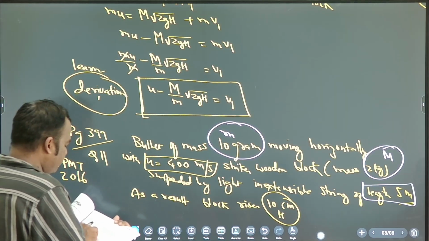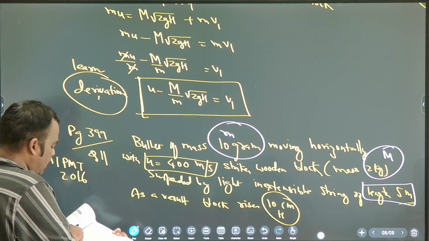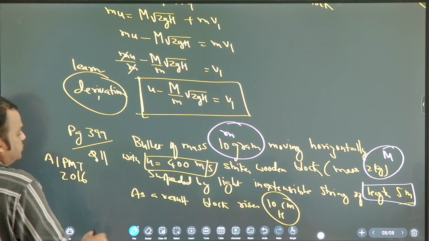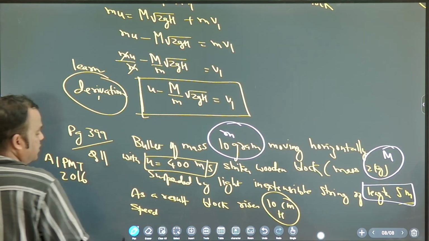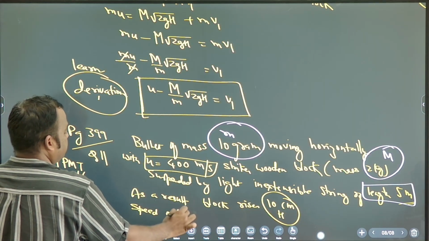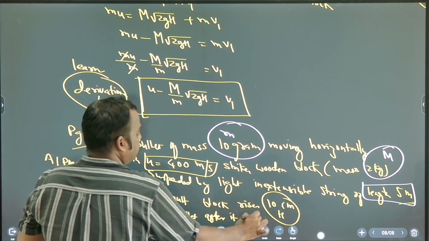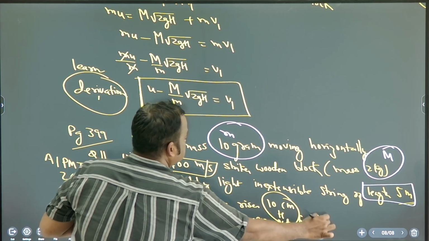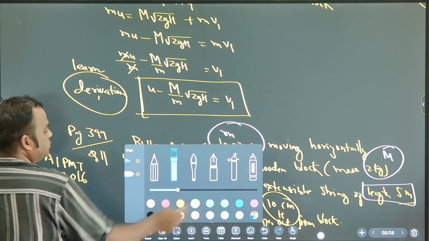The speed of the bullet after it emerges out horizontally from the block. So what are they asking? v1, the speed of the bullet after it emerges out from the block. Okay, clear? So this is the question.